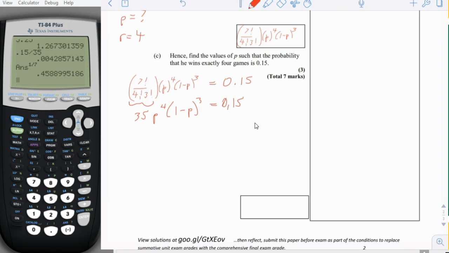So what we could do is we could put this in the calculator and see what values of P make it equal to 0.15, right? So let's try that. We're going to go into y equals here. On y equals, and then here we're going to put 35. Instead of P, we need to use x, right? X to the 4th times 1 minus x to the 3rd. Okay, and then we're going to graph this, and we're going to compare it to a horizontal line at 0.15.